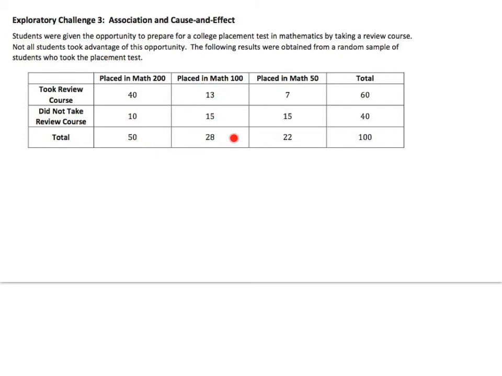Took it, didn't take it, placed in Math 100. Took it, didn't take it, placed in Math 50. So we talked to 100 students. 60 of them took the course, 40 of them did not, and then how many placed in each specific math course.